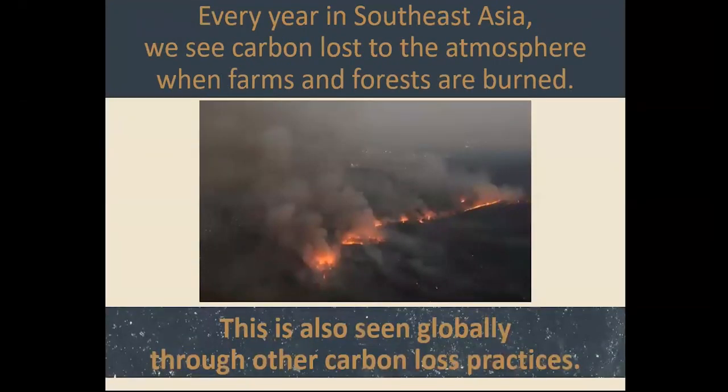Here in Southeast Asia, here in Thailand, we have a huge issue with burning every smoke season in April, May, and the dry season. A lot of the forest and crop residues surrounding areas are burned, and that's done for a variety of reasons to clear farmland and forests. But when we burn all that carbon that's locked up in leaves and trees and stakes, it's literally going up in smoke, and we are losing it to the atmosphere.